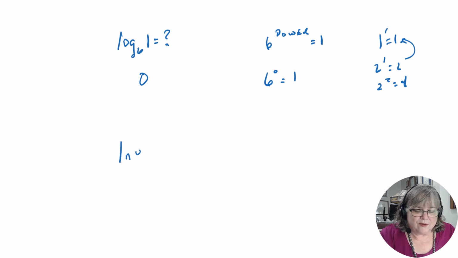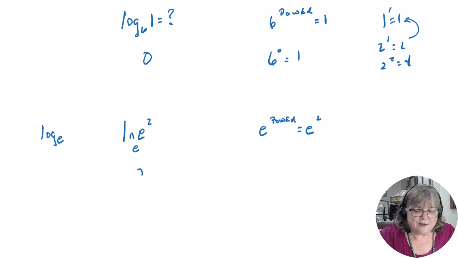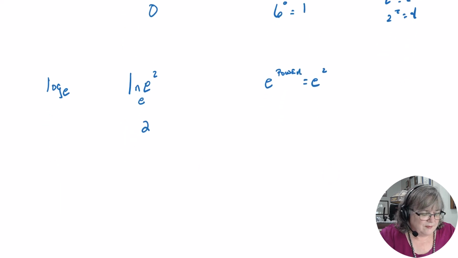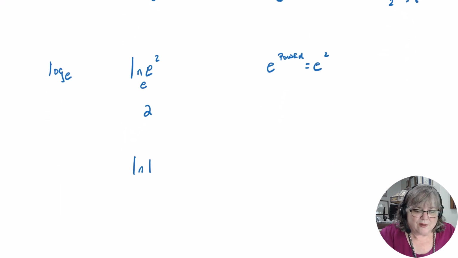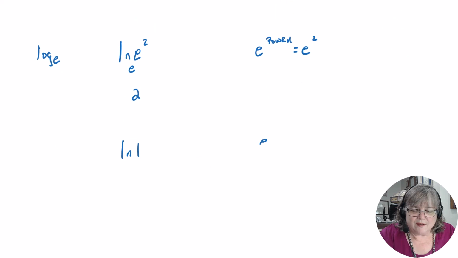Then they had the natural log. Now remember, the natural log is actually log base e. It's just shorthand for log base e, so there's an understood base of e down here. So you're saying e to what power equals e squared? The power has to be 2. Okay, what's the natural log of 1? e to what power is equal to 1?